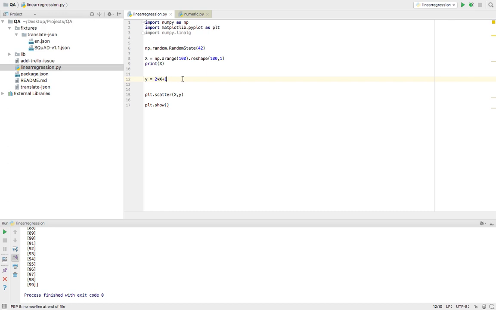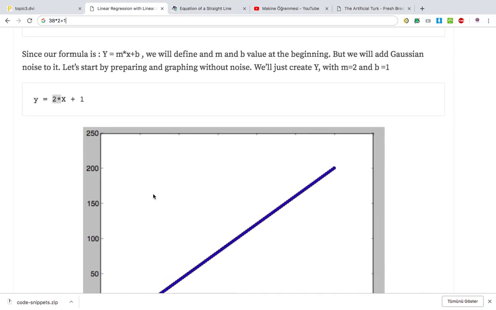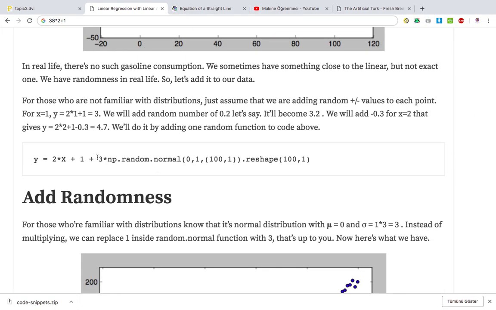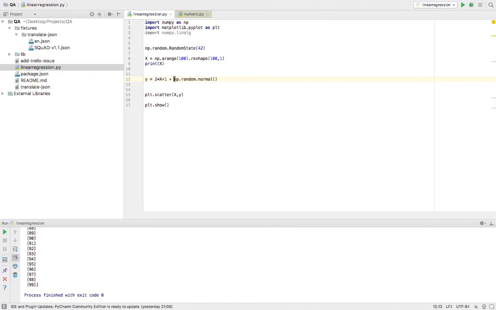So to add randomness to it, we say numpy random normal, and this is actually the standard normal distribution random number generator.